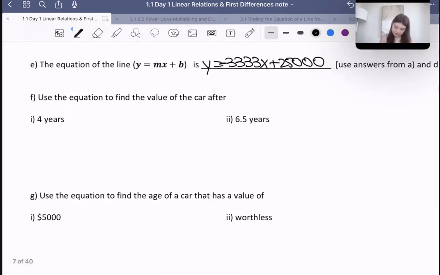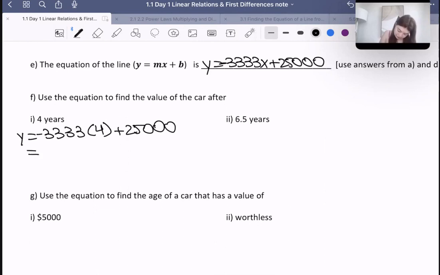Okay, so use the equation to find the value of the car after 4 years. So let's do that. y is equal to negative 3,333 times 4 plus 25,000. So let's find out what that is.